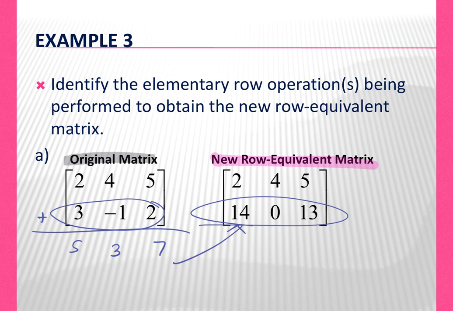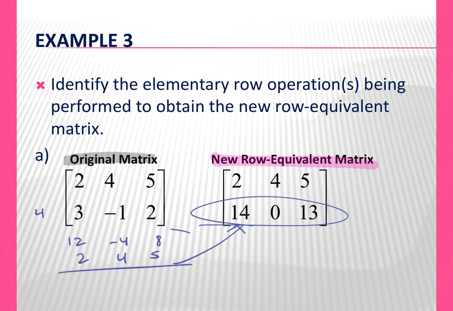Is it 4? What's 4? Like multiply by 4? Multiply what by 4? Oh, the second. So let's try it. Multiply the second one by 4 and then add it, you're saying, right? Yes. So if we multiply by 4, we do 4R2. I get 12, negative 4, 8, and I add it to row 1, 2, 4, 5. Do I get my new row?